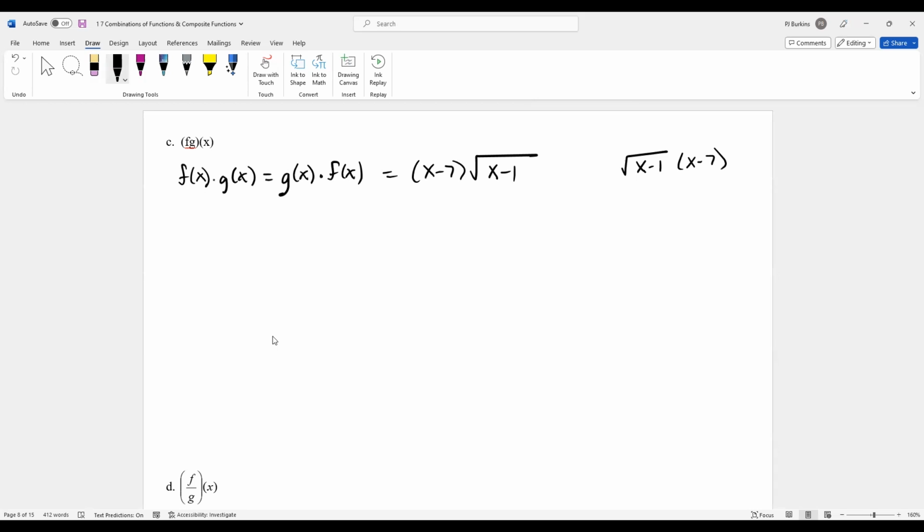So I just rearranged them. It's the same thing. And then if you'd like, you can go ahead and distribute. So this would look like this if you did so. Again, both of these have an x minus 1 under the radical, and so the only restrictions are the same as before, which are 1 included to infinity.